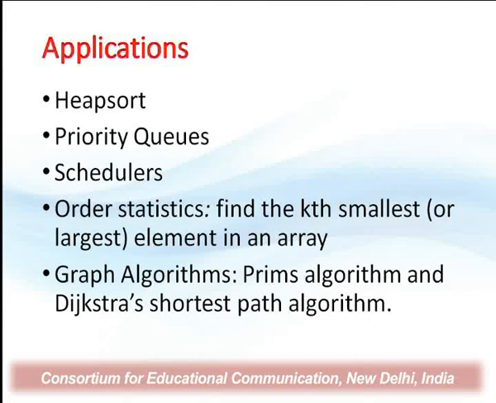Apart from that, heap data structures are also used in graph algorithms like Prim's algorithm. Prim's algorithm is an algorithm to find the MST, minimum spanning tree of a graph, or if we want to find a shortest path from one node to another in a graph.